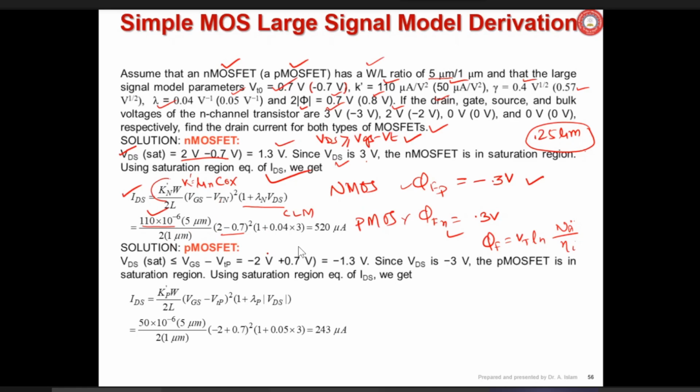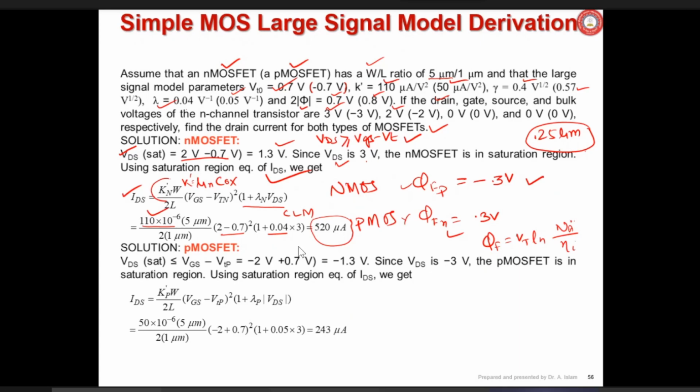And 1 plus lambda VDS, where lambda is 0.04 and VDS is 3 volt, divided by 2 into L. If you calculate with your calculator, the current will be 520 microampere. So IDS is 520 microampere.